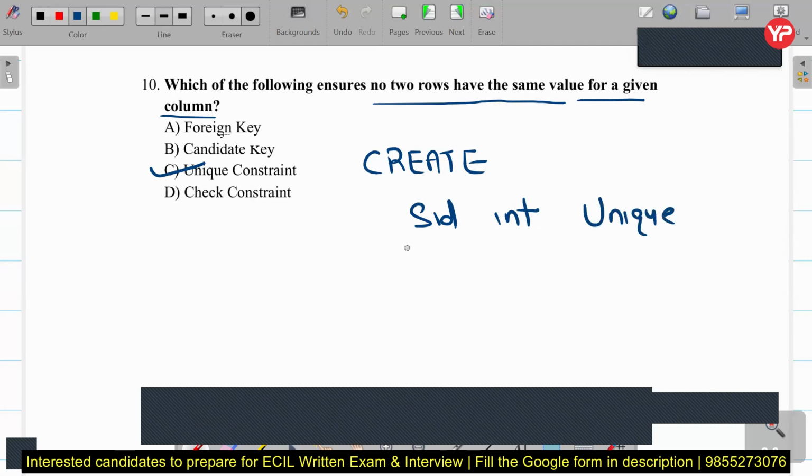Once I mention that SID is unique, that means if you by mistake put the same values, then it gives you an error. And that is the purpose of unique constraints. Fine. So the right answer is unique constraints.